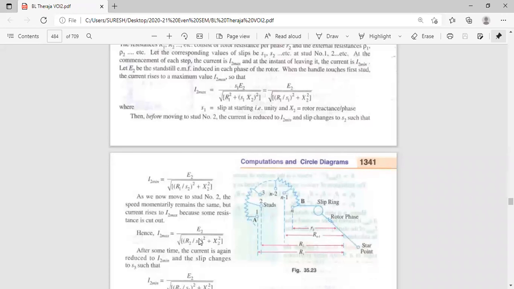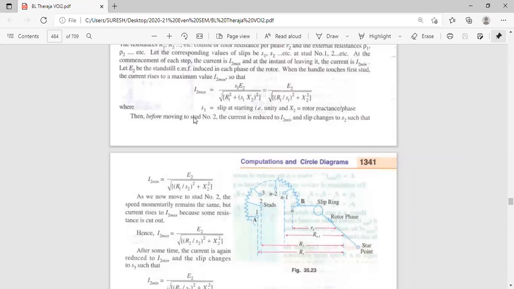I2 max is equal to E2 by the square root of... why are they taking R1 by S2? Here, R1 square plus S1 square X2 square. Take S1 square common outside.